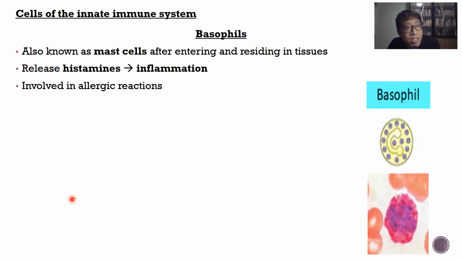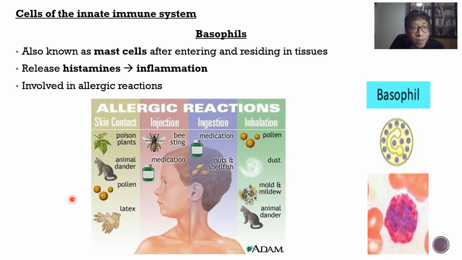Basophils and mast cells are more involved during allergic reactions. That's why if someone has an allergic reaction, one of the drugs to reduce the reactions is antihistamines, to remove the effect of histamines released by these basophils and mast cells. All right.